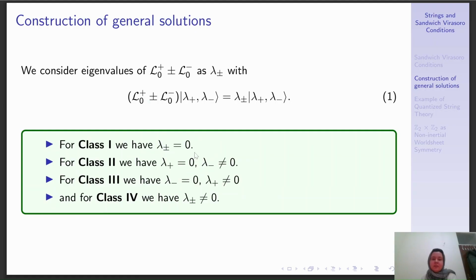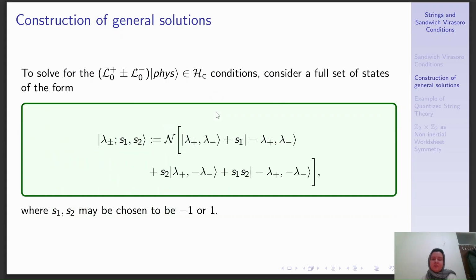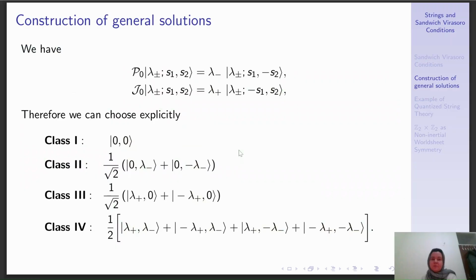And in order to study these specific classes, we consider eigenstates of these J0, P0 operators, and we can write our generic solutions in these classes as a sum of these terms with alternating signs of eigenvalues that appear here, and S1 and S2 are 2 signs, and we have 4 choices for S1 and S2.